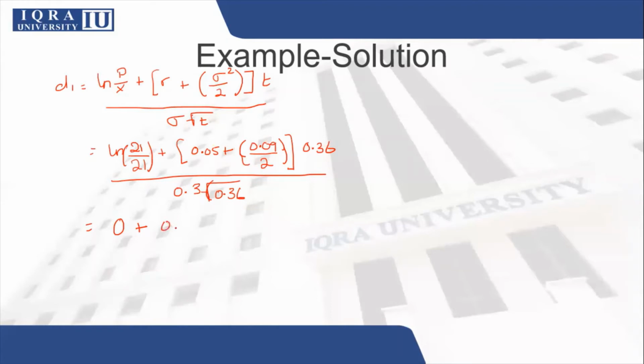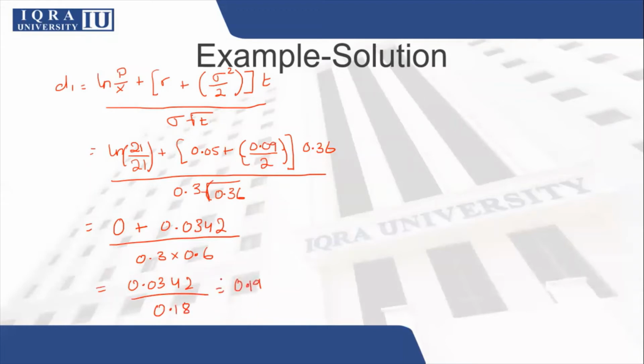You will get 0.0342. And then over here you have 0.3, which will multiply by 0.6. So this is 0.0342 divided by 0.18, which gives 0.19.